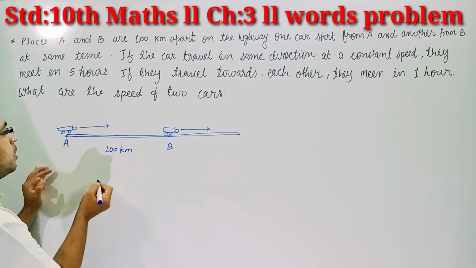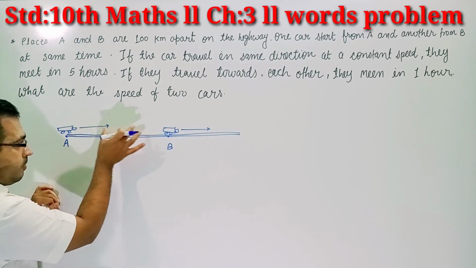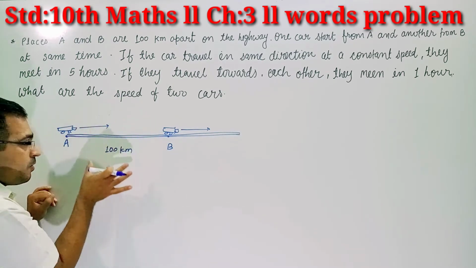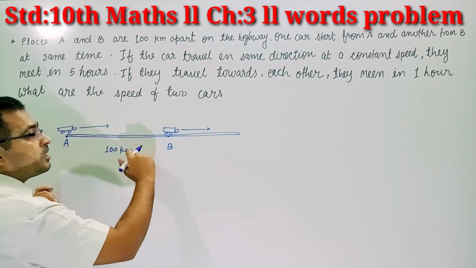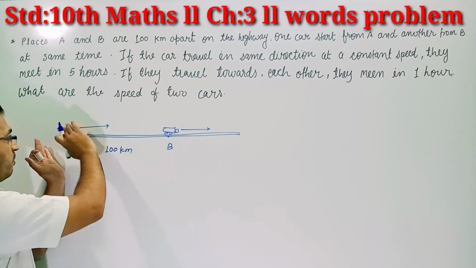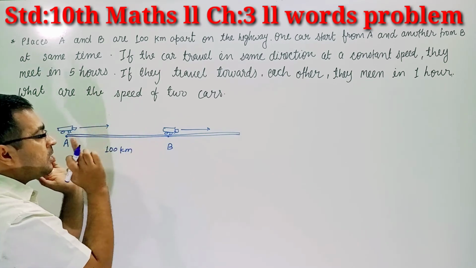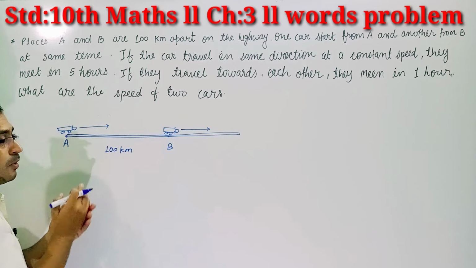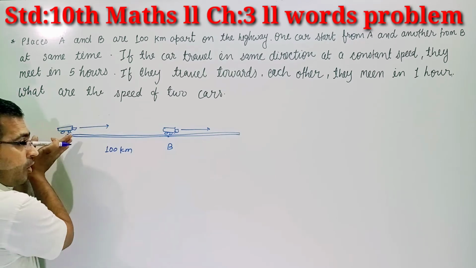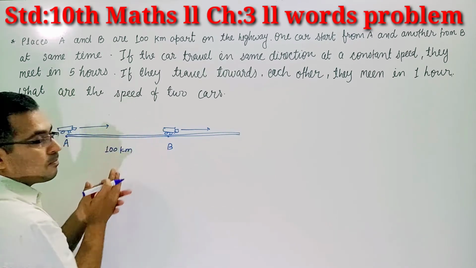It means, students, obviously the speed of the first car will be greater than the speed of the second car. Because this car will overtake this car, in that case they can meet, because the direction of movement is the same.